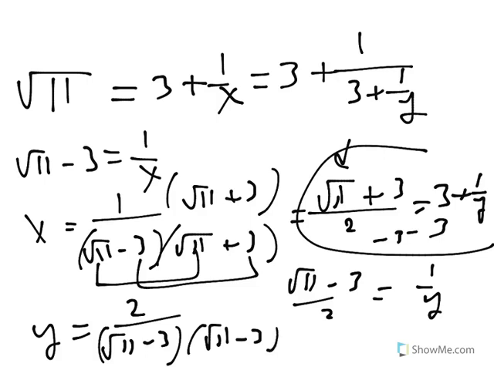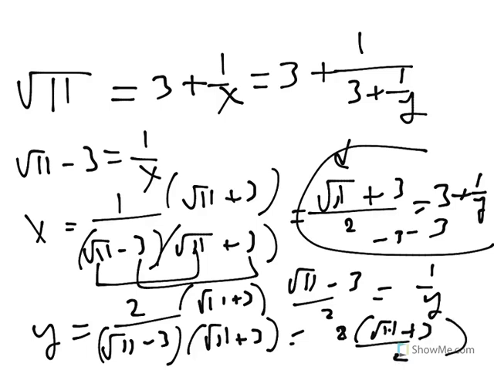Rationalize the denominator. That should be plus 3. And we get 2 times radical 11 plus 3, over 2. The 2's cancel out. So this y turns into 3 plus radical 11.